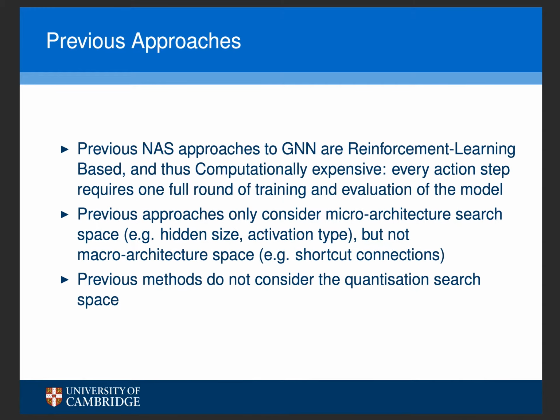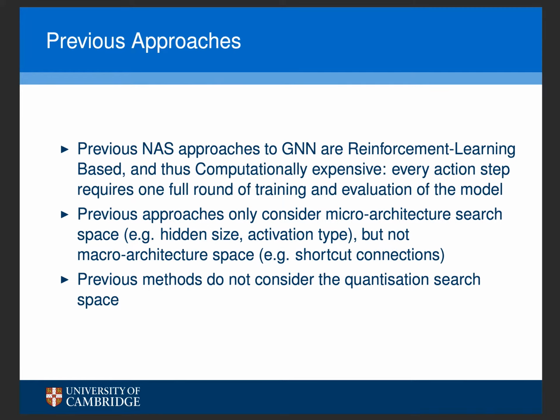Previous NAS approaches on GNNs are mostly reinforcement learning based, so they are very computationally expensive, because each action step of this reinforcement learning will require certain convergence information from the underlying model. So this normally implies a very large search time.